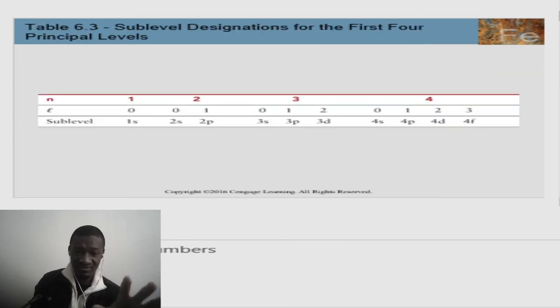We'll see them more graphically by this, where you have your N, which is your first, second, third, and fourth, and then you have your L, which has your 0 and 1. That is what the L is.